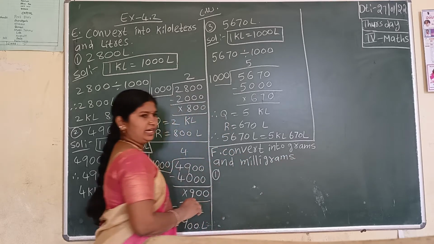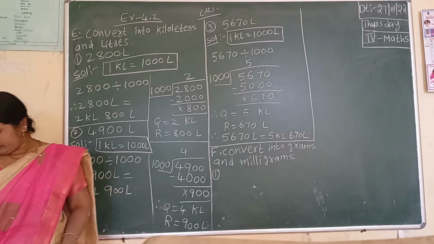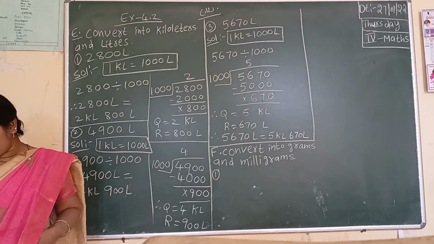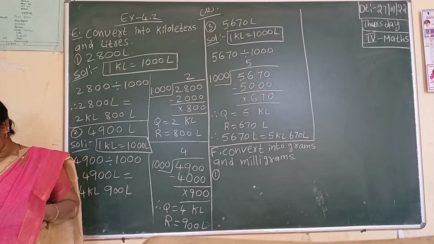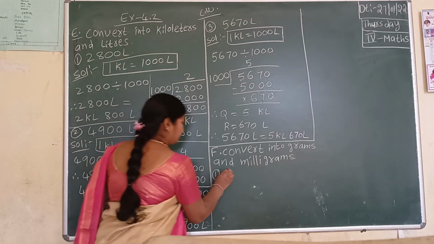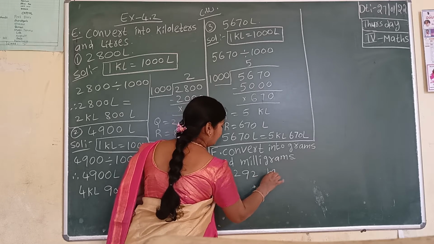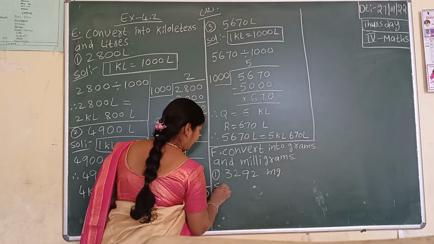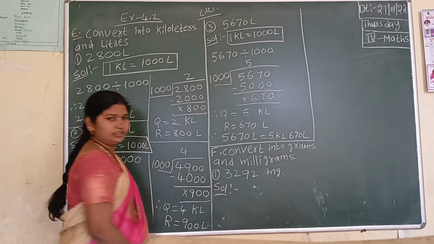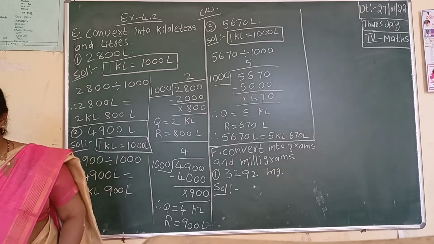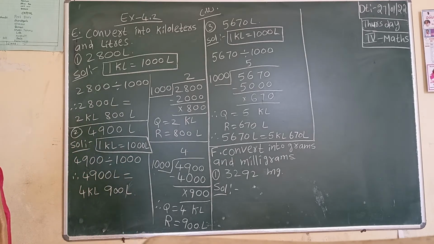It is our heading. In this, what is the first question? 3292 milligrams. I am writing the shortcut as mg. Okay. Just write down that.